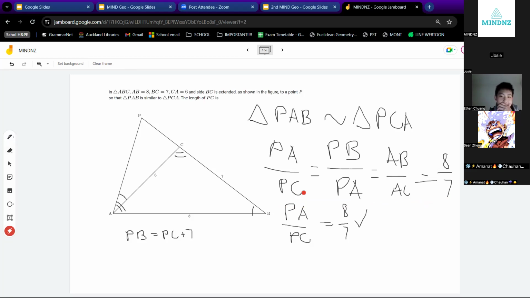I guess the hard part of the question would be noticing that PB equals PC plus 7, because one way to think about it is that you've been given this ratio, so you have one equation with PA and PC in it. And if you want to find both of them, you'd want another equation to do a simultaneous equation.